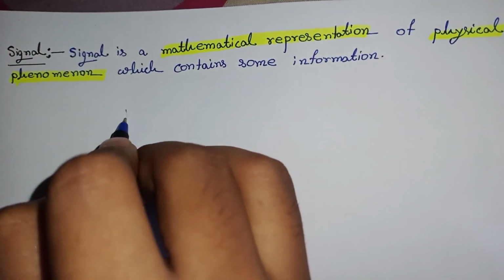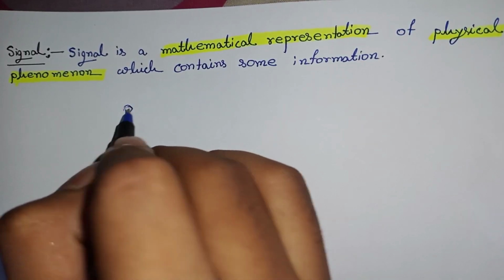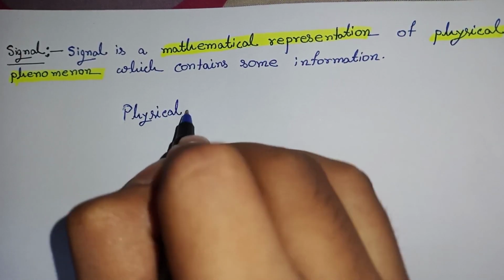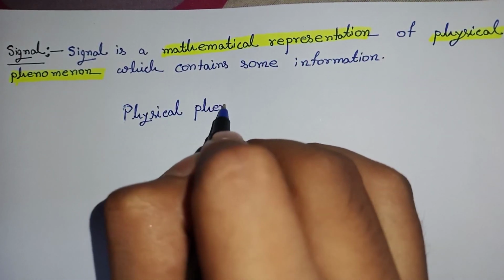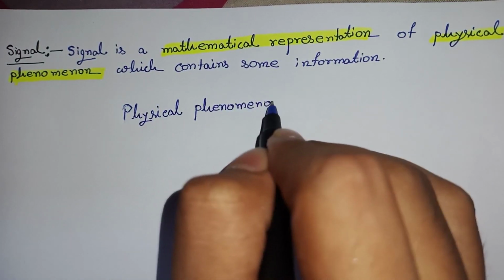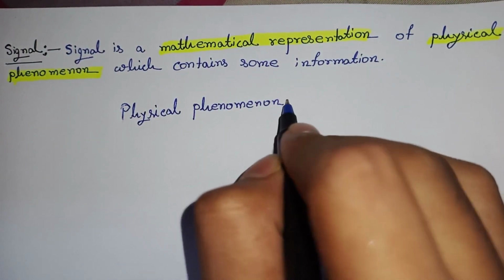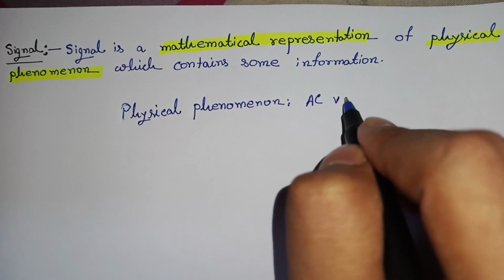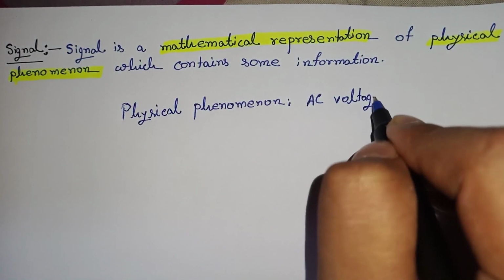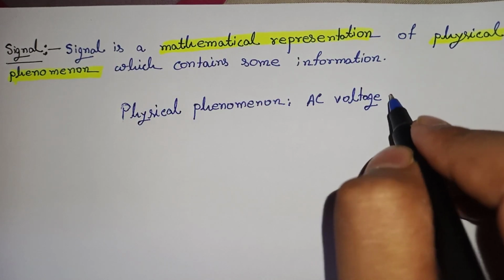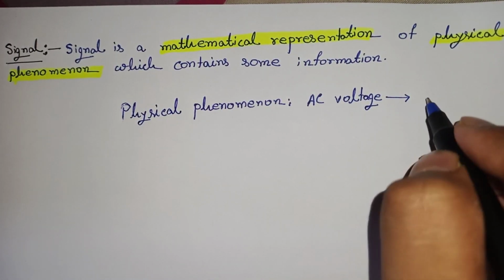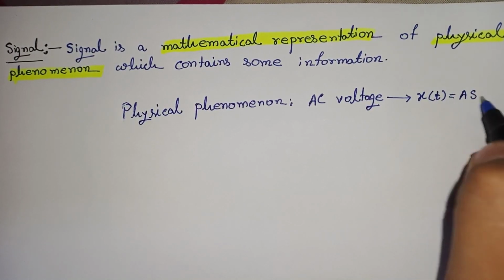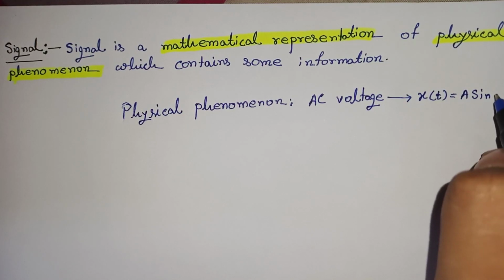Like AC voltage signal, we can represent it as x(t) = A sin(omega naught t).